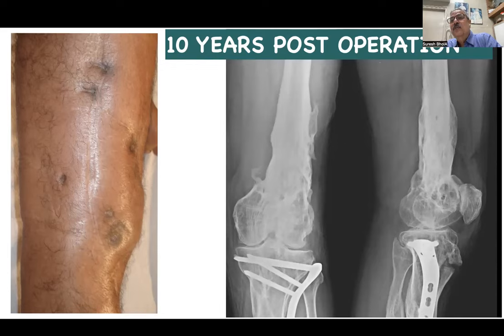Ilizarov methodology has given rise to many branches, and nowadays one of the topmost branches is non-union of the leg or the tibia, where Ilizarov is approved, and it is a specialty in itself.